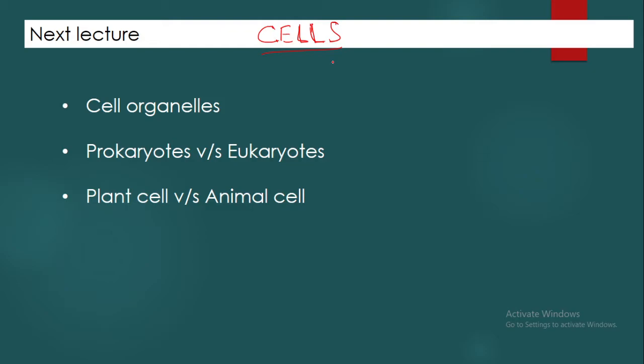Like that only, cells are also building blocks. But if you look inside the cell, you will find that there are small, just like in the human body there are organs, like that only inside the cell also there are some small organs. Because they are so tiny, we don't call them organs, we call them organelles.